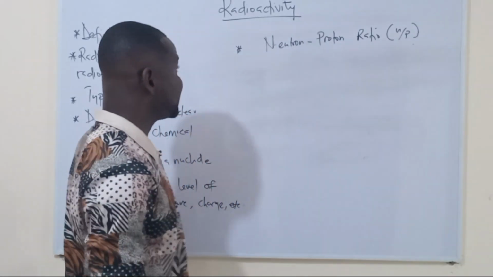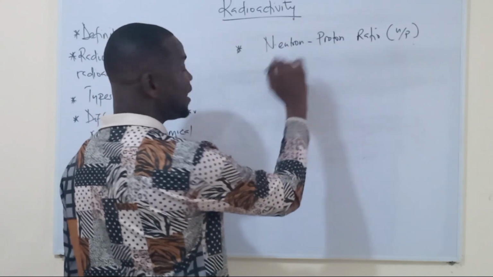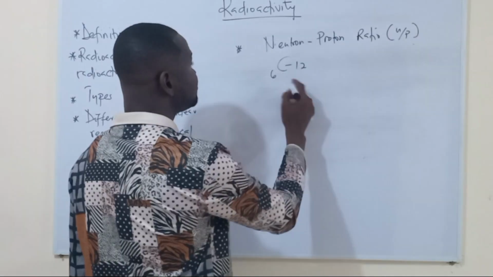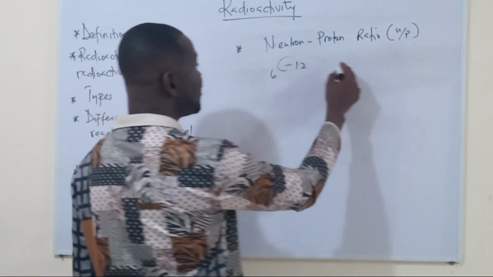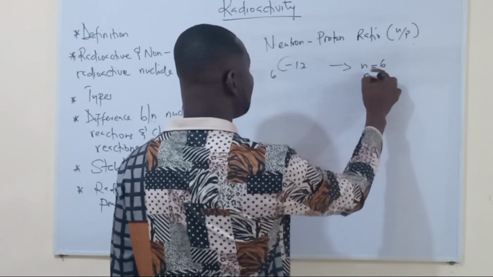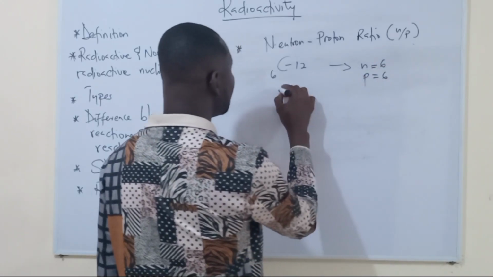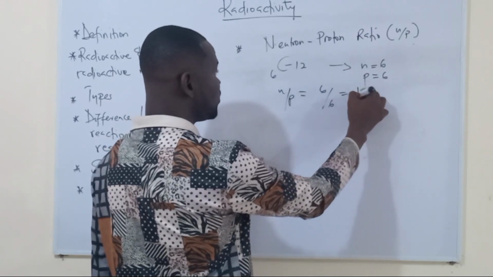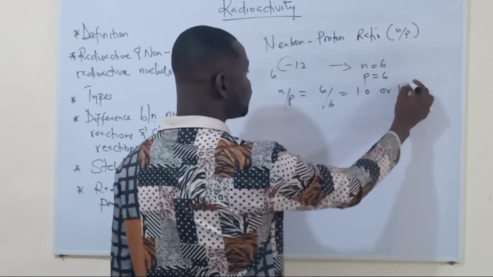So, for example, if I have carbon, I'll have a neutron number of 6 and a proton number of 6. The neutron-proton ratio would be 6/6, which will give me 1.0 or 1:1.